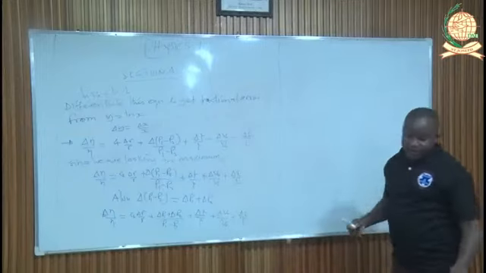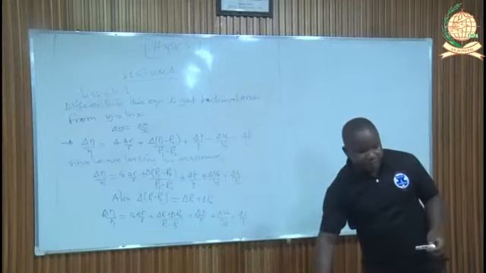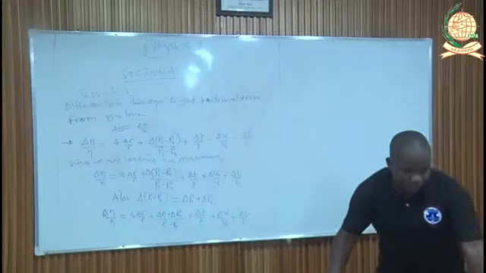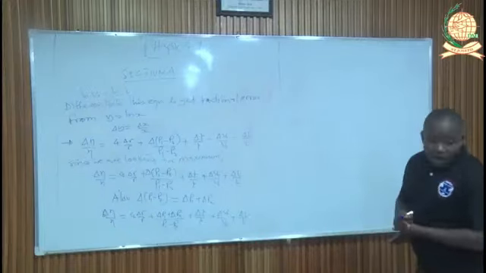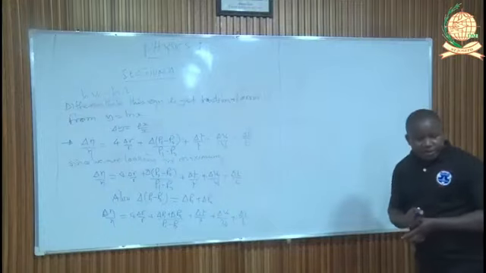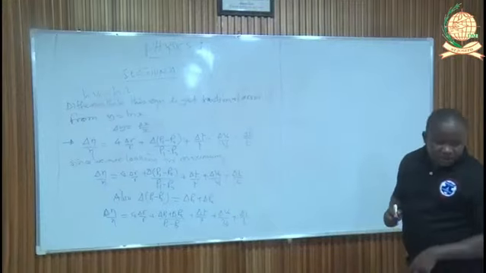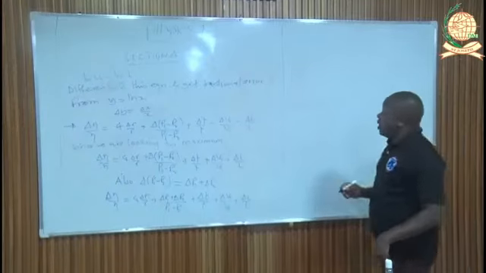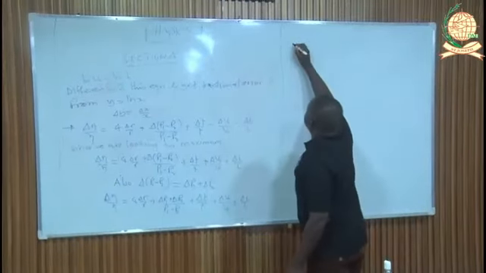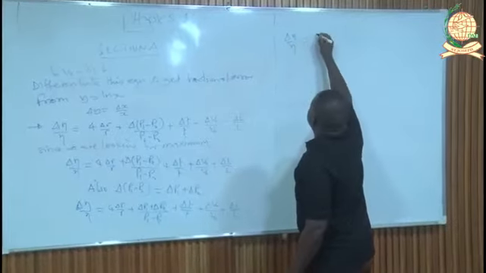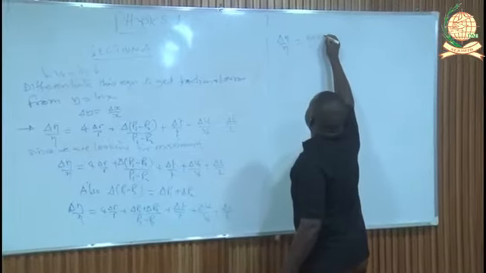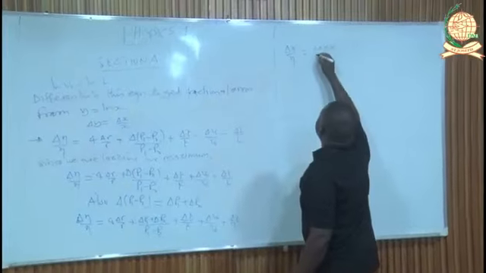So from the given data, the error in R is 0.01. So it is 4 times 0.01.